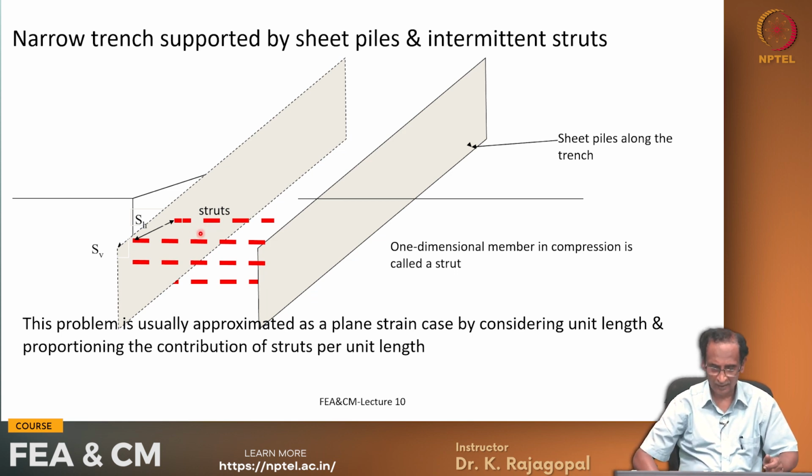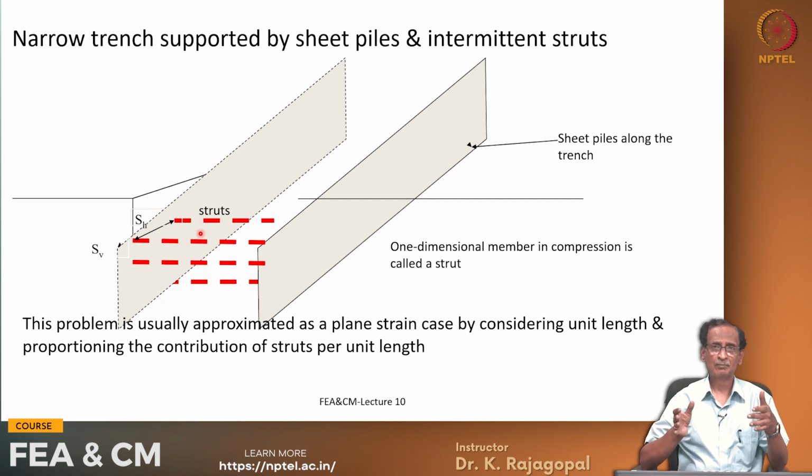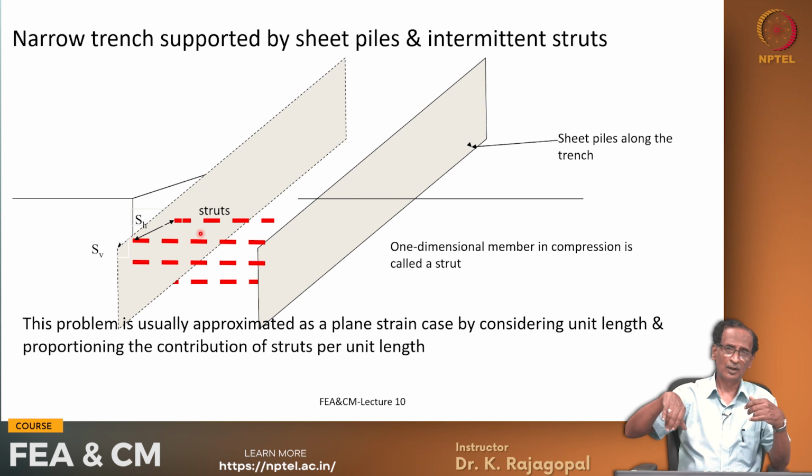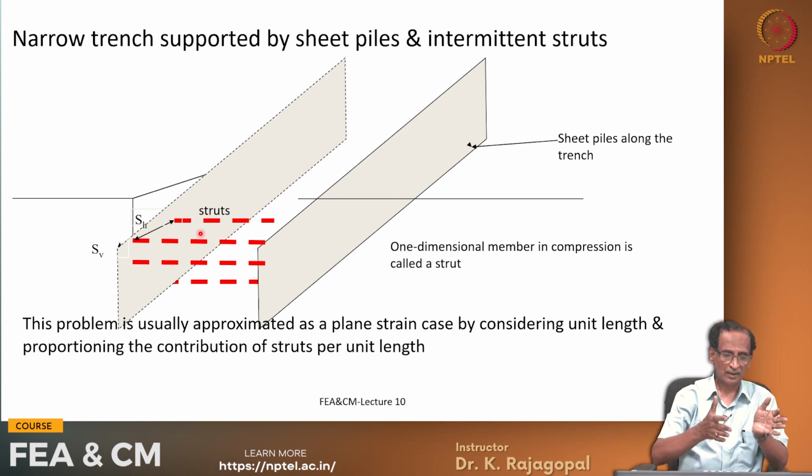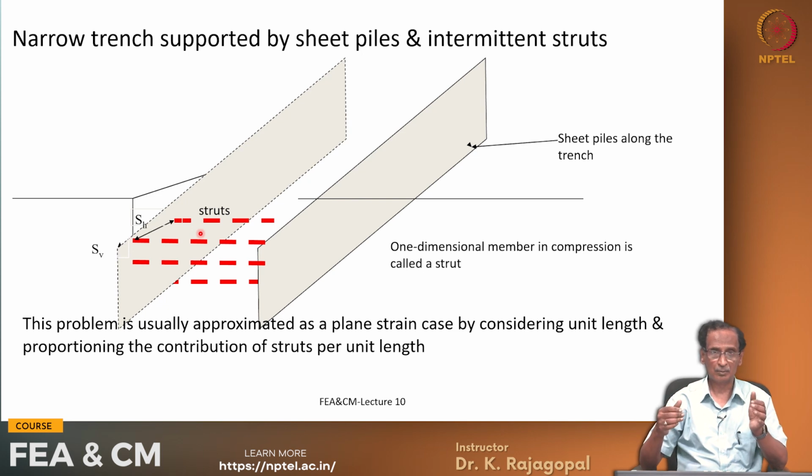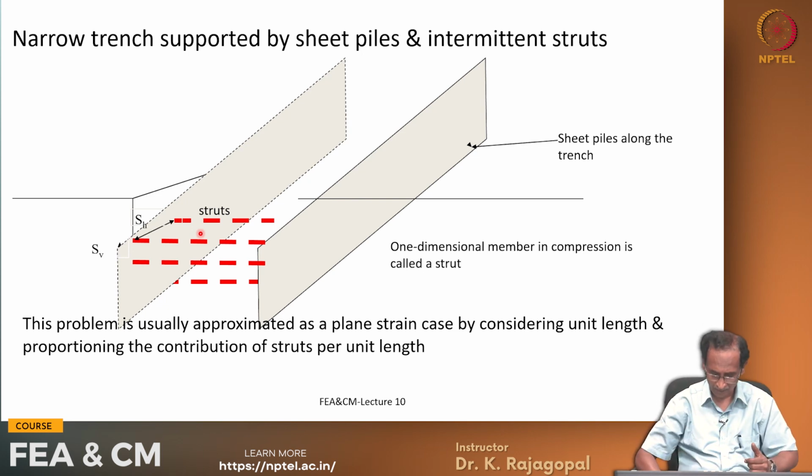And how can we model this in a plane strain case? Because the sheet pile wall is not a problem, because it is a continuous member, but then these struts are discrete members, they are placed at some horizontal spacing and vertical spacing.